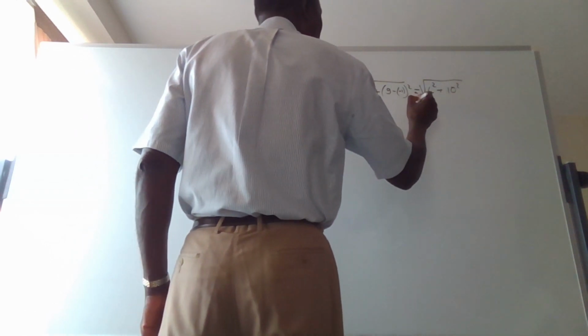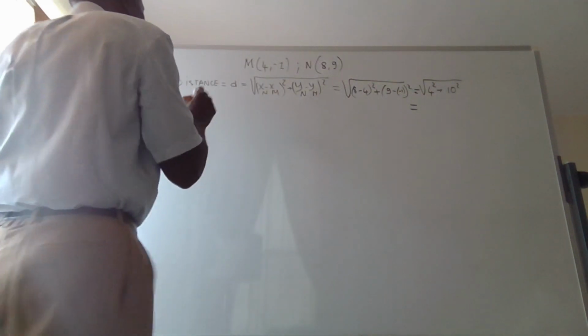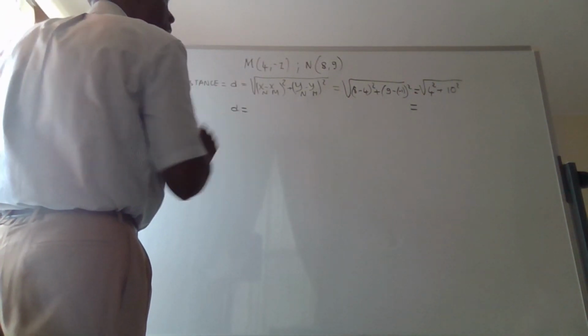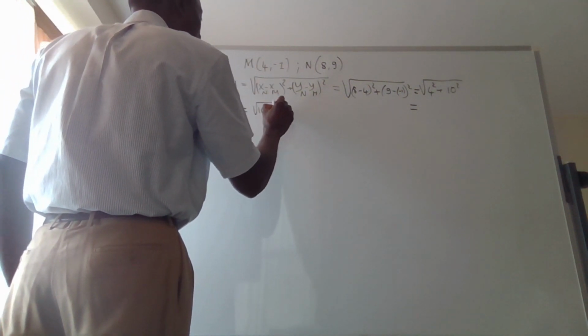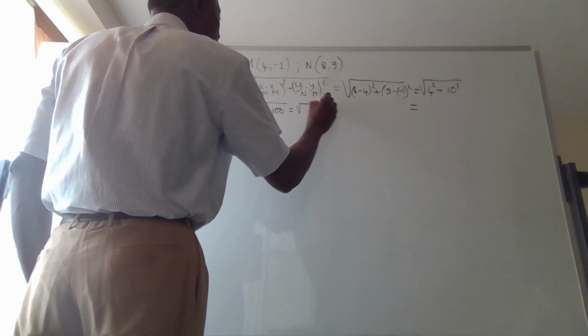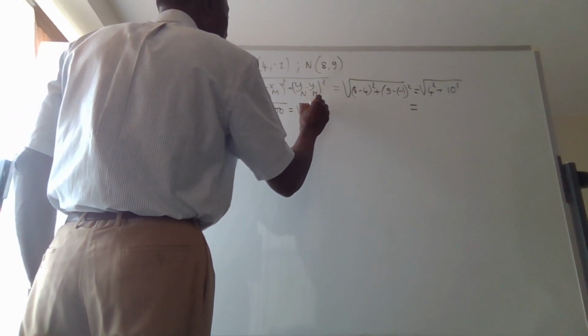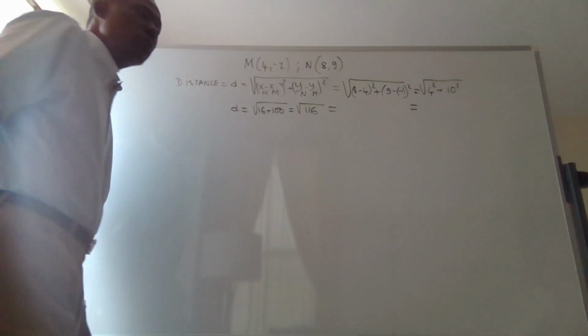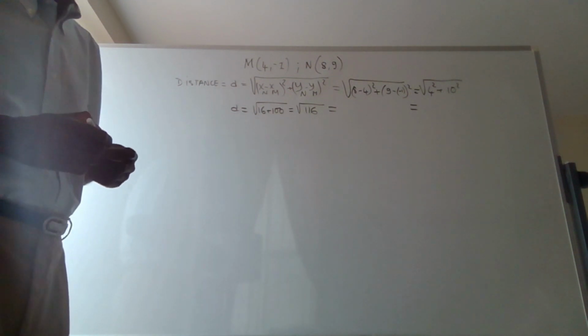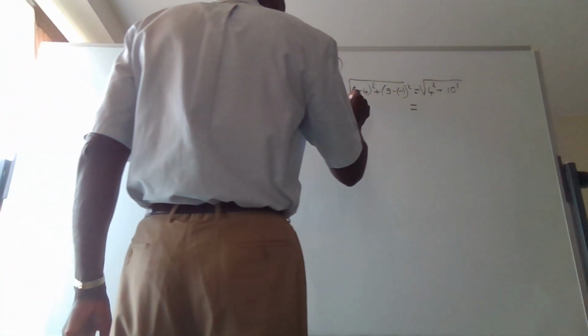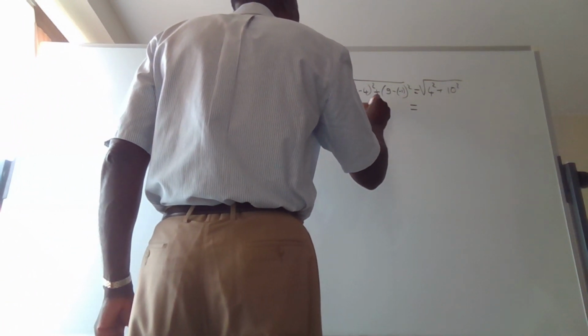So D equals the square root of 16 plus 100, which is the square root of 116. And 116 is 4 times 29, so it's going to be 2 square root of 29.